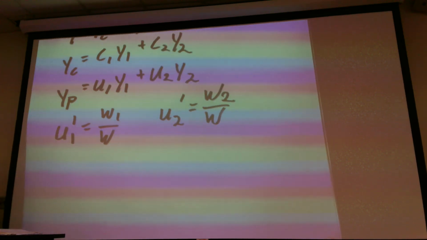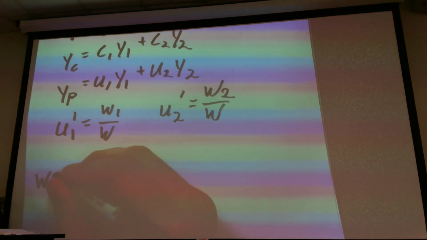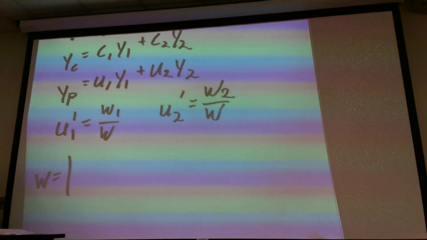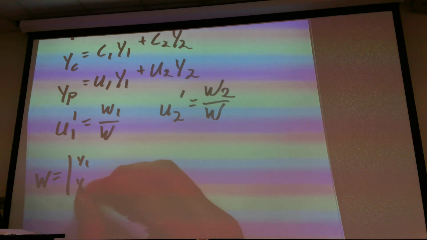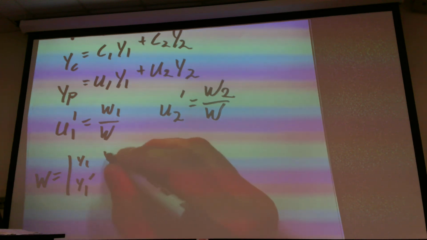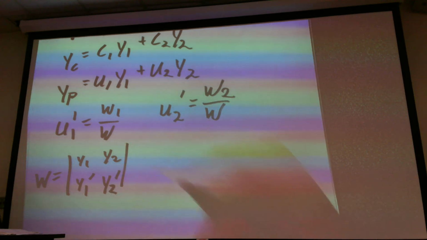Now w, I'm going to use just solid lines and not write determinant. So this is going to be y1, y1 prime, y2, and y2 prime.